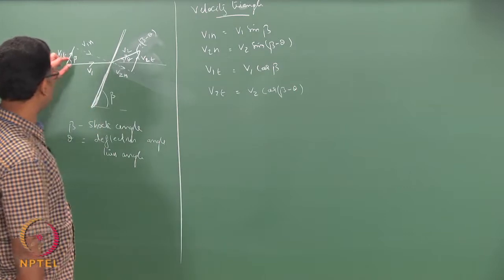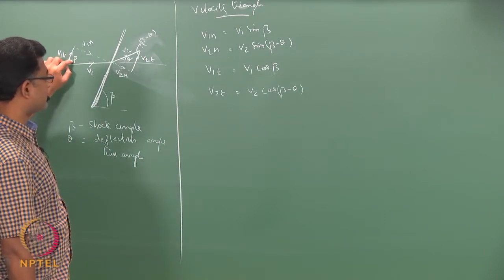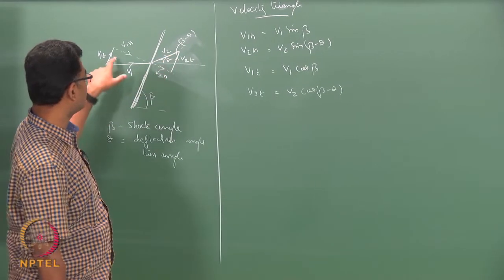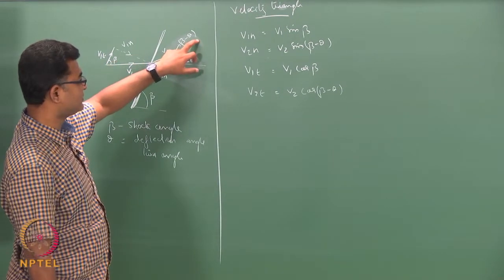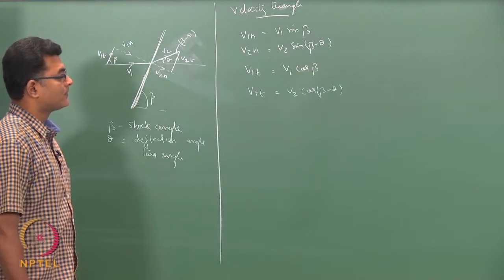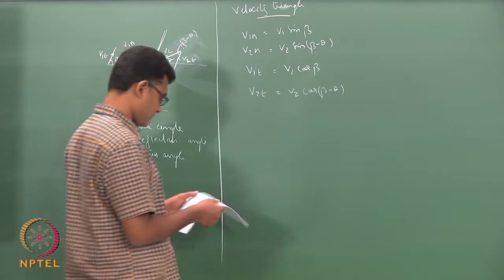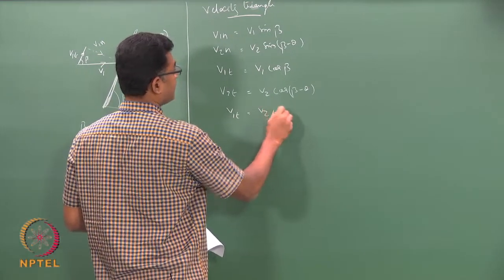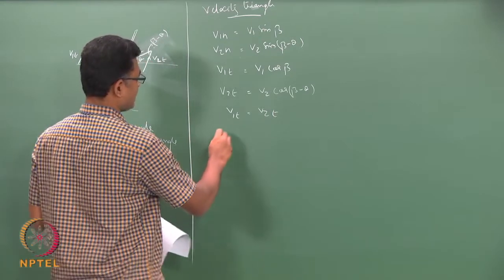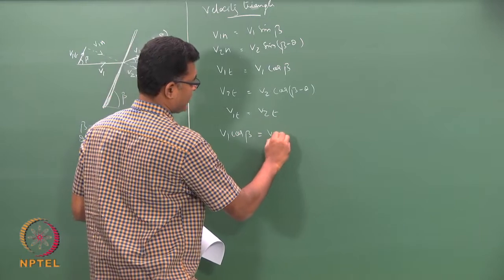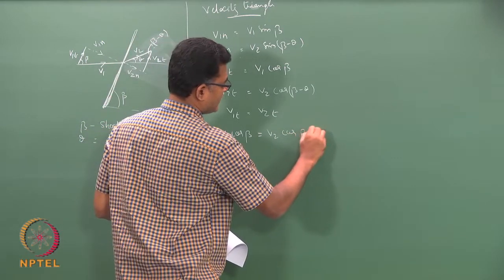So, if you take the sine of beta, sine of beta minus theta, cos of beta and cos of beta minus theta, you would get these components. We also know that V1t is V2t, and hence we can write V1 cos beta as V2 cos(beta minus theta).